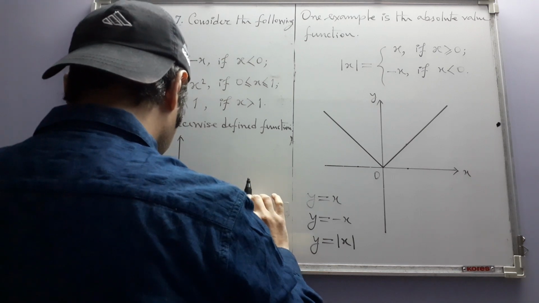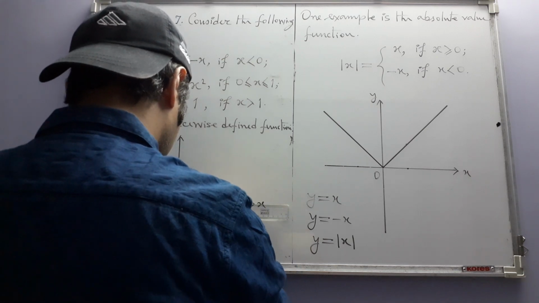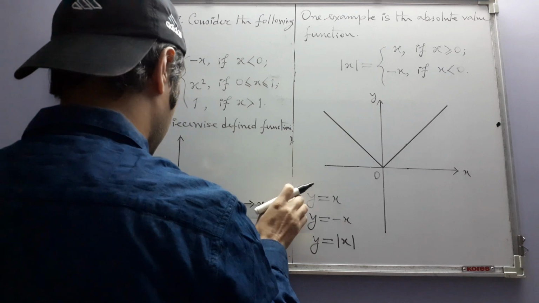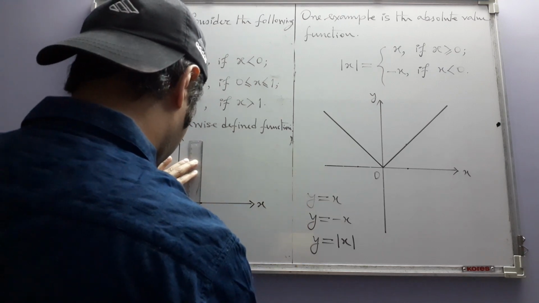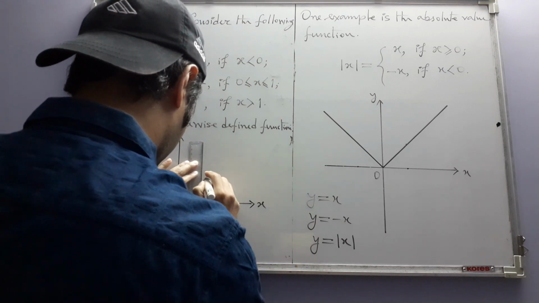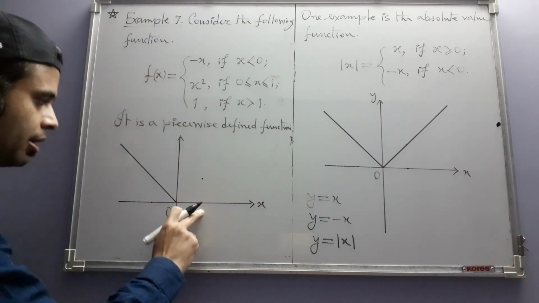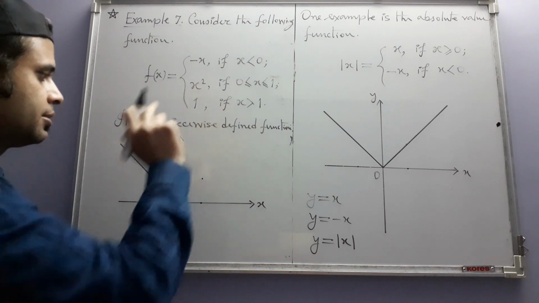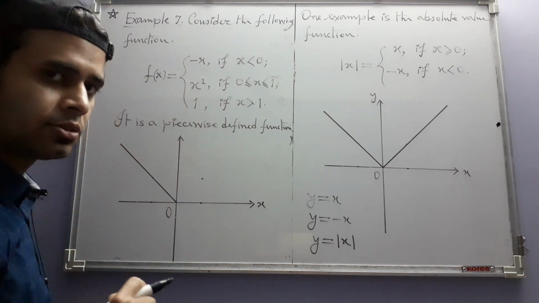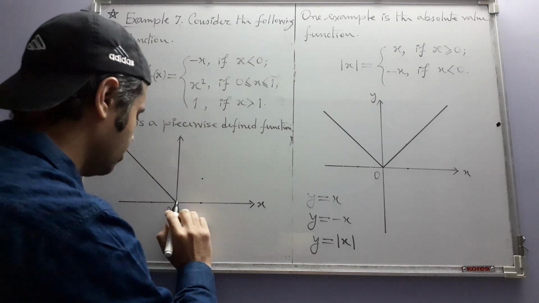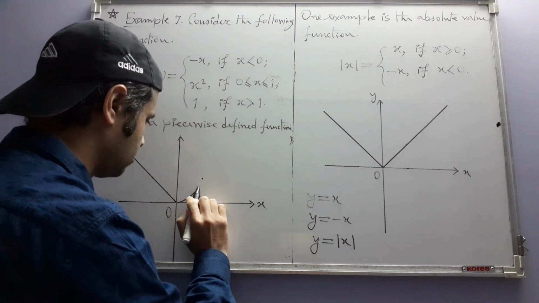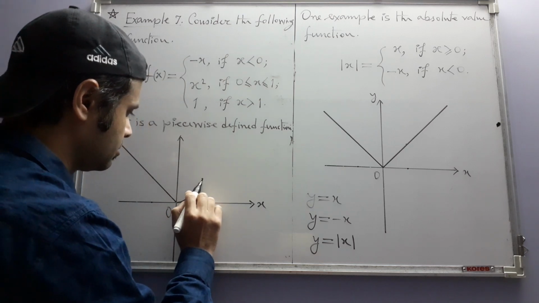Then choosing some unit length, between 0 and 1 the function is just the square function. So there you have the part of the parabola, somewhat like this.